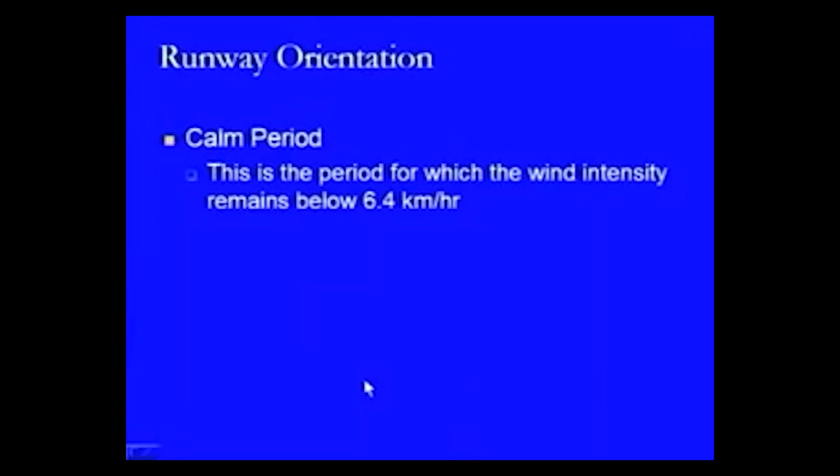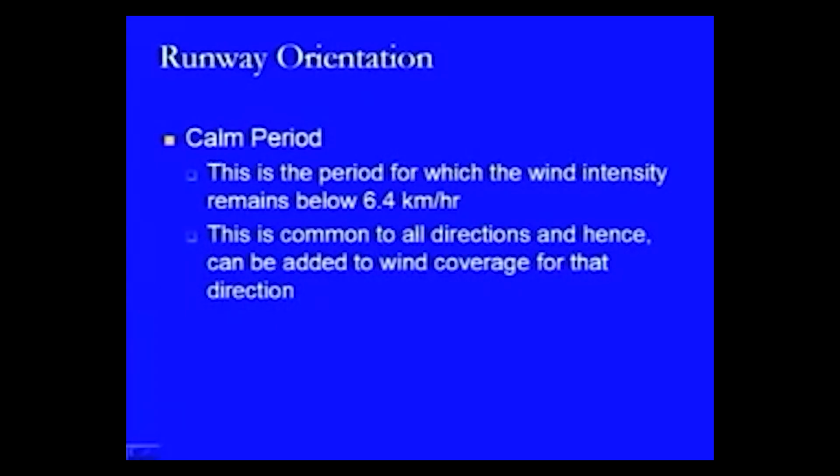Another aspect in the orientation of runways is the calm period. Calm period is when the wind intensity remains below 6.4 kilometers per hour, and this is common to all directions and hence can be added to the wind coverage for that direction. So, if we are looking at the wind coverage data and trying to find out the wind coverage value, then this can be taken and added to the overall wind coverage information.